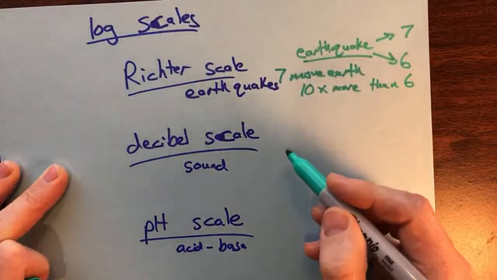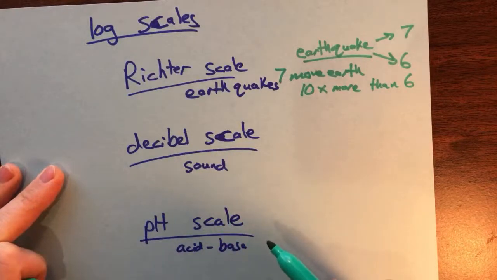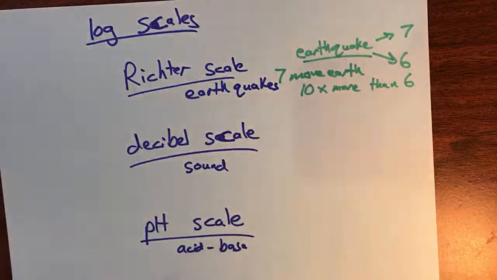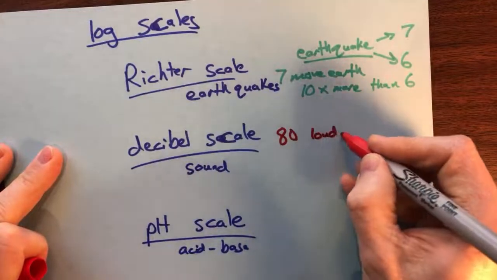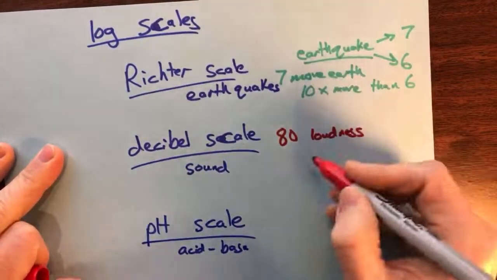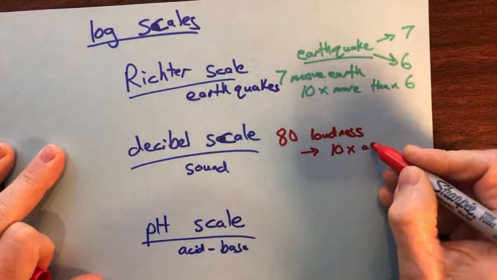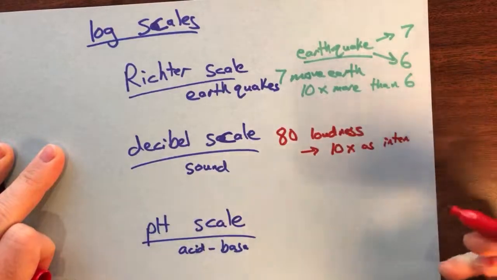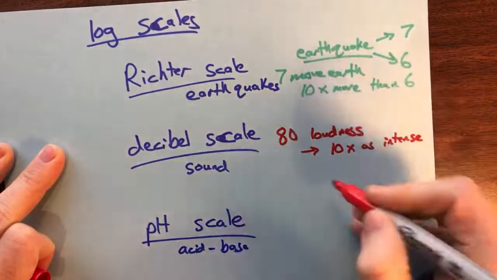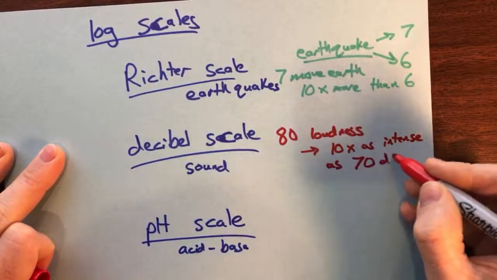On the decibel scale, because of the deci in the front, it's a little bit different, but it's the same idea. So let's talk about sound. If you have an 80 decibel loudness, that's going to be 10 times as intense in terms of the intensity of the sound as 70 decibels.